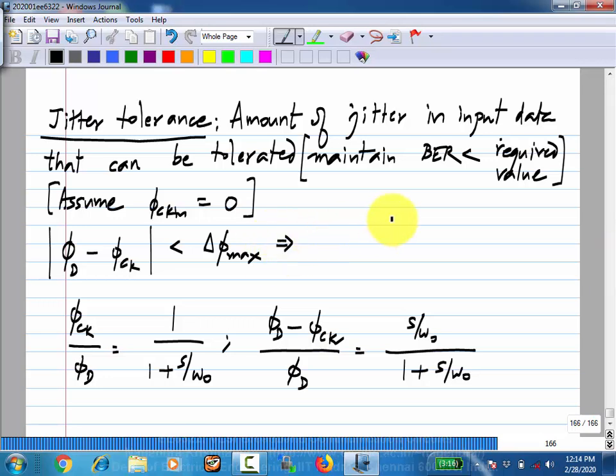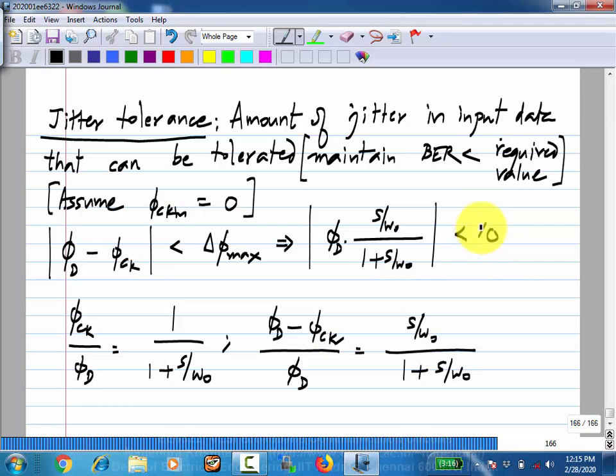This is the same as saying phi d times s by omega naught by 1 plus s by omega naught. I take the magnitude of this at that appropriate frequency. I substitute s equals j omega and so on.